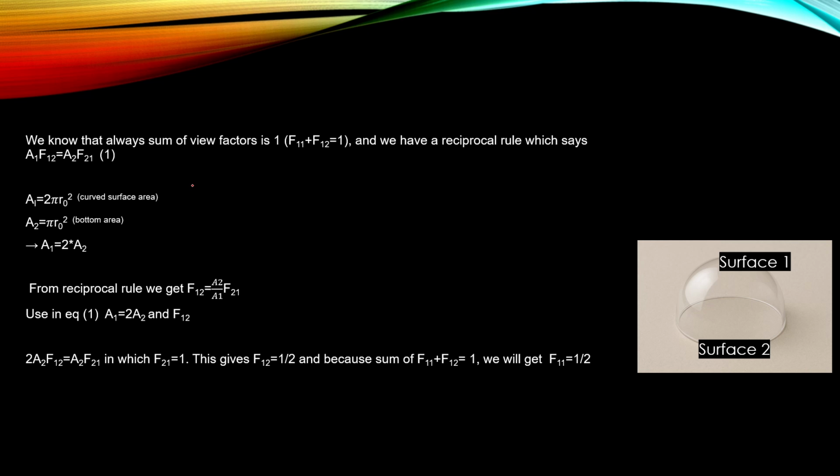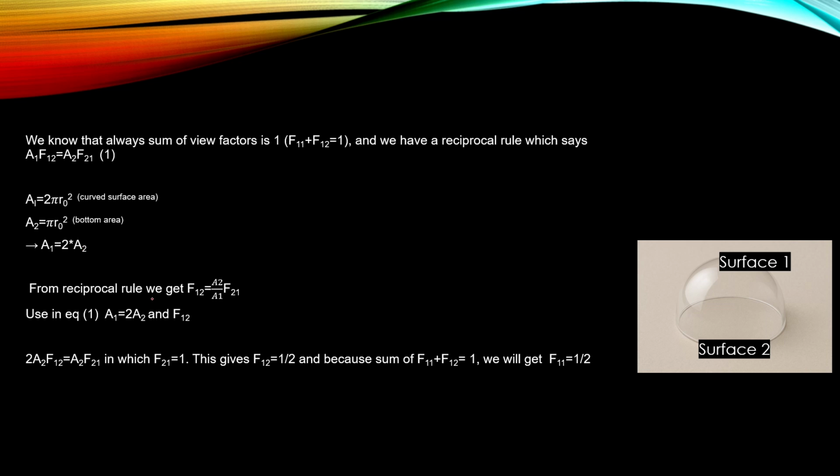We know that for this plane surface the surface area is proportional to the radius of this circle, and we can also calculate the surface area of this hemispherical area. And we will see that the surface area of the hemispherical area is 2 times the surface area of the flat bottom area.